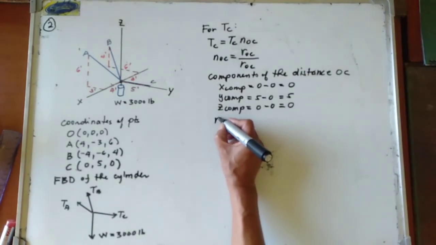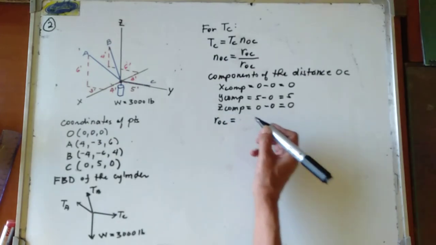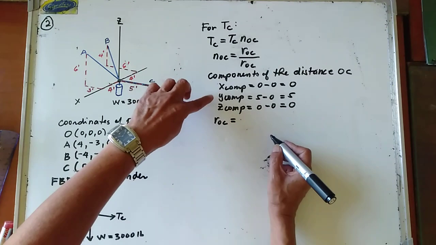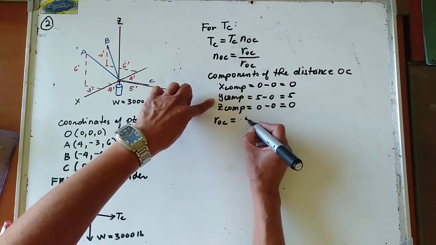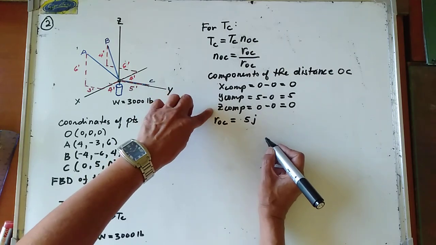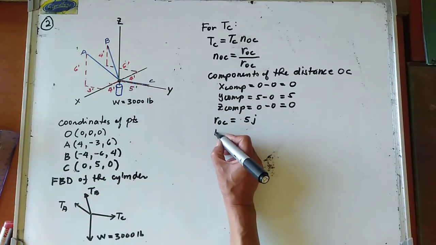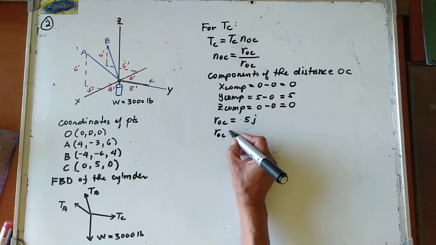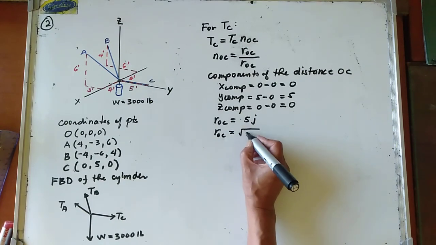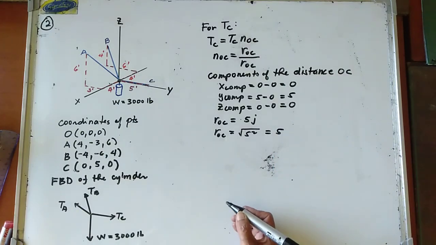Hence, your ROC is equal to 0, positive 5, that is 5j, and we have 0 for the Z component. Hence, the magnitude of this is the square root of 5 squared, so that one is equal to 5.